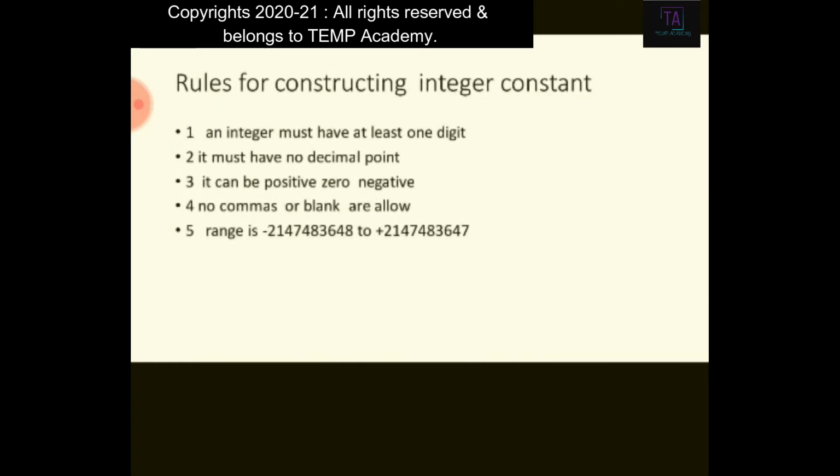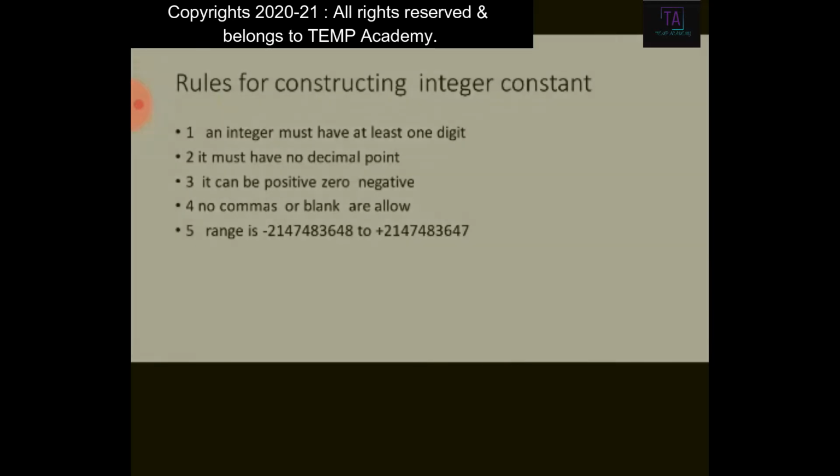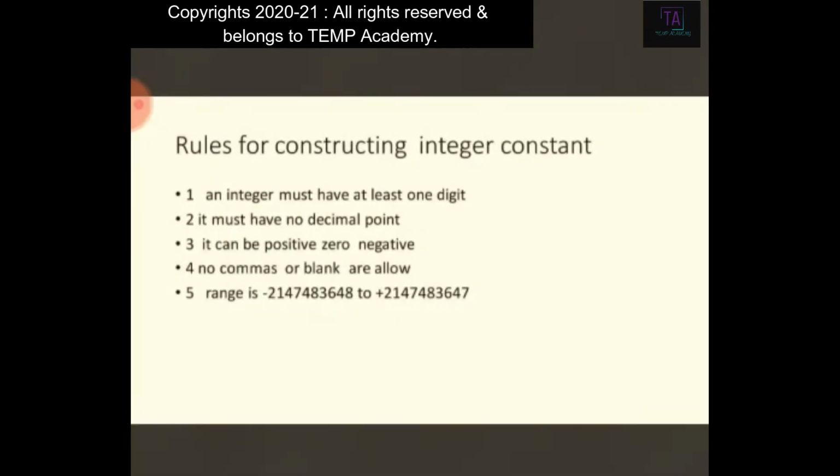The next topic is rules for constructing an integer constant. An integer must have at least one digit. We can take 2 digits, 3 digits also, but at least one digit. Next, it must have no decimal point.